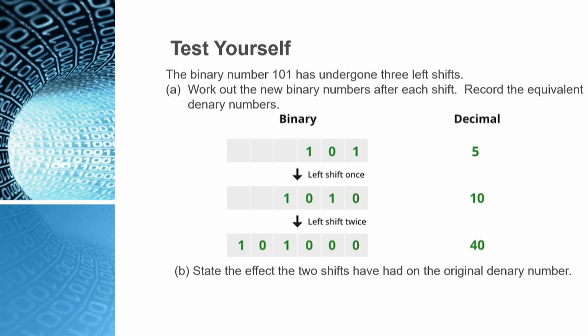Part B. State the effect the shifts have had on the original binary number. The answer is that the original decimal number, which is 5, has been multiplied by 8 to obtain 40.